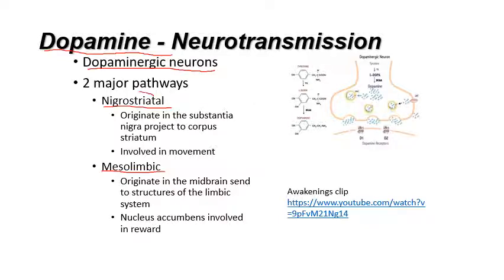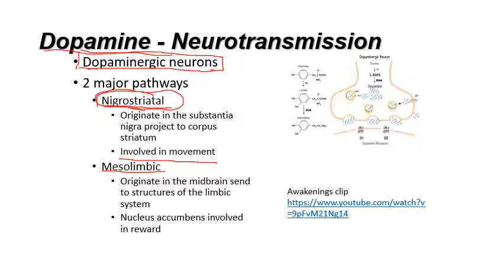This first one is associated with a common neural disease you have probably heard of, Parkinson's disease. So this pathway is involved in movement. The dopamine neurons of the nigrostriatal pathway are known to be affected. Loss of these neurons in this pathway is one of the signs of Parkinson's disease.